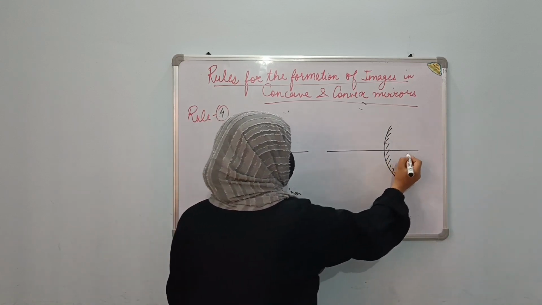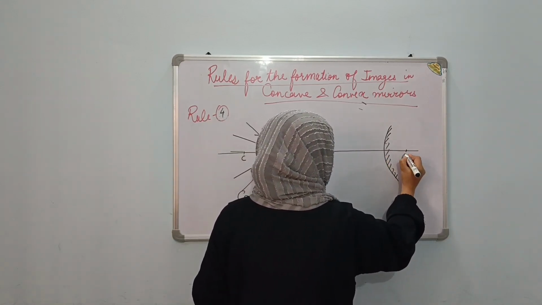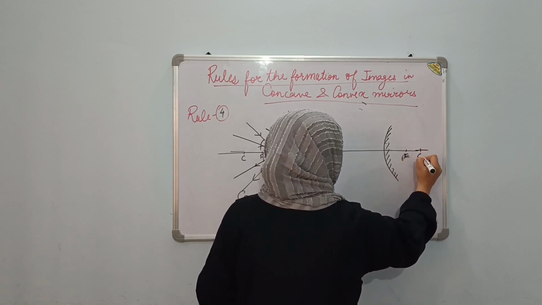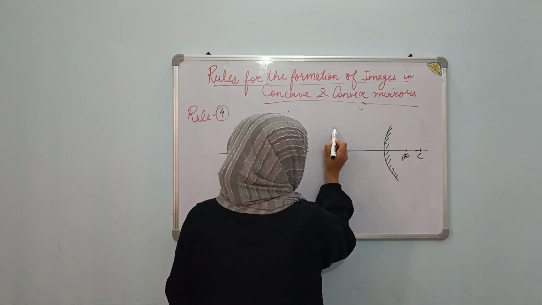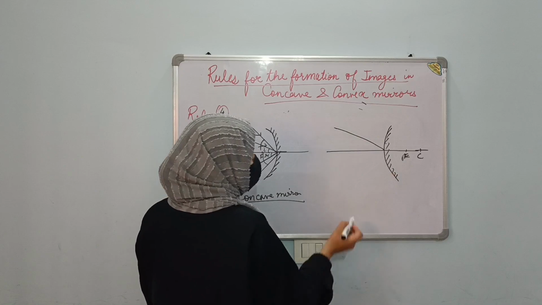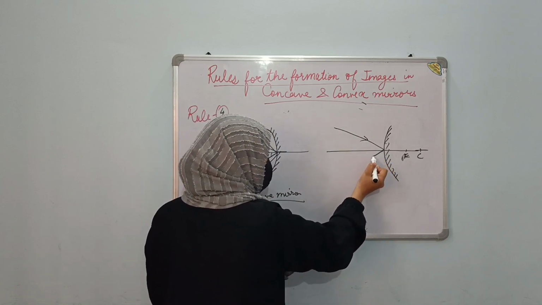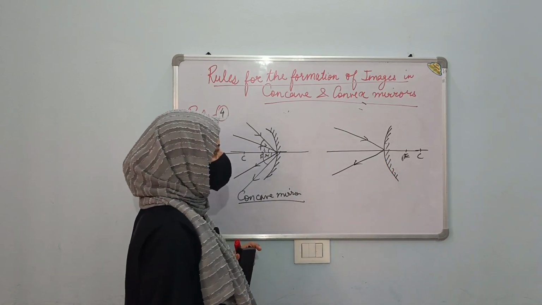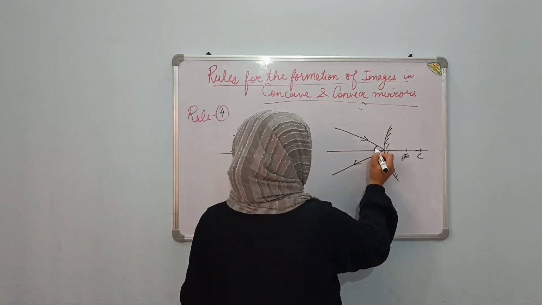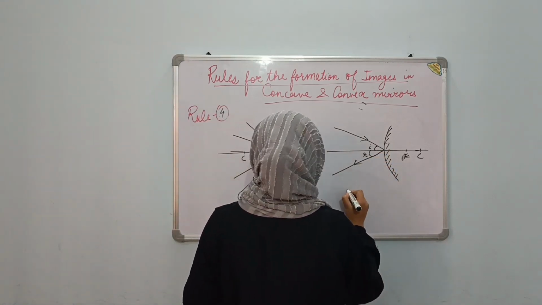In case of convex mirror also, if the ray of light is obliquely incident at the pole, it will obliquely reflect back. All right, so this is all about the rules.